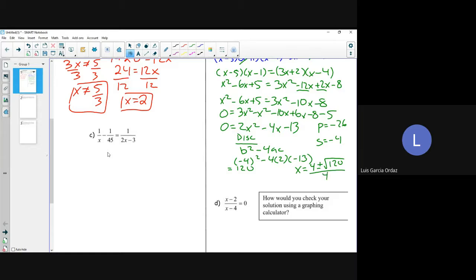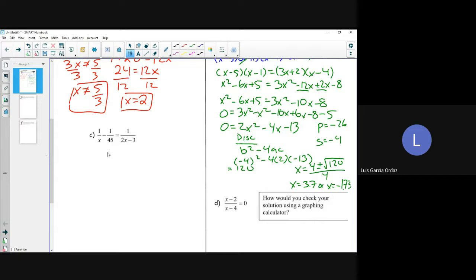So now our roots are x equals 4 plus root 120 divided by 4, or x equals 4 minus root 120 divided by 4. So what's our first x value? 3.7. And what's our next one? Negative 1.73.